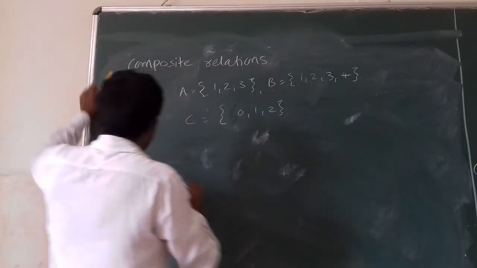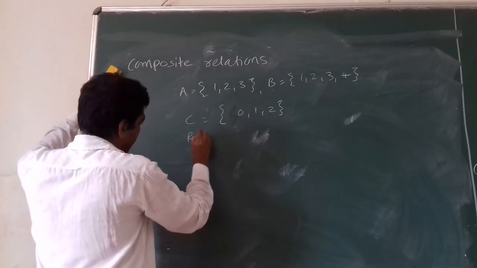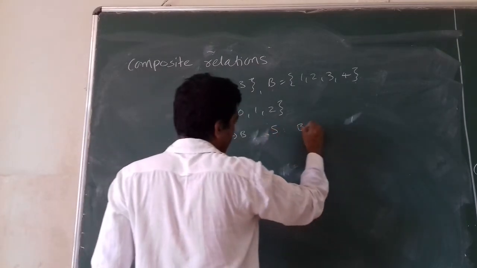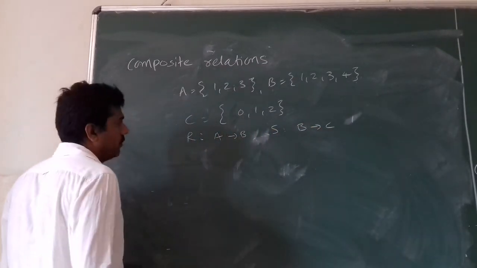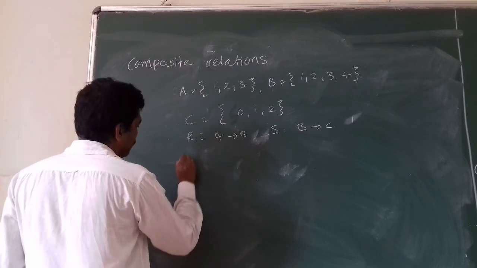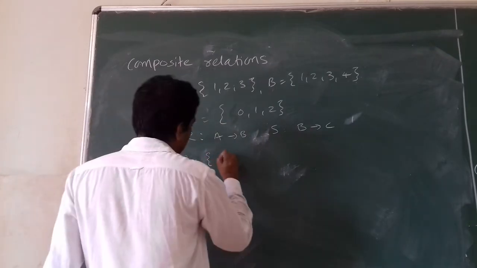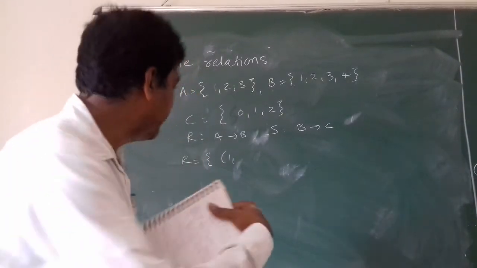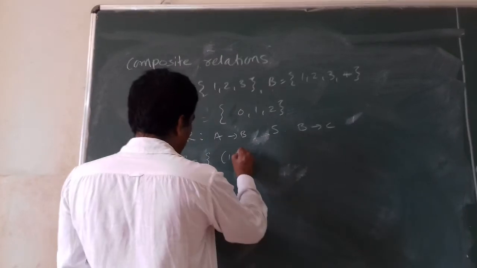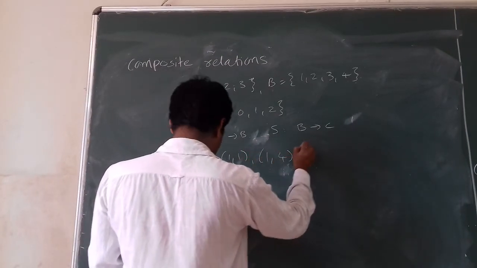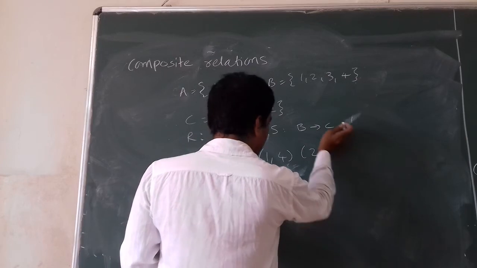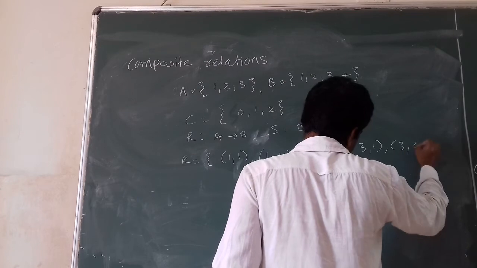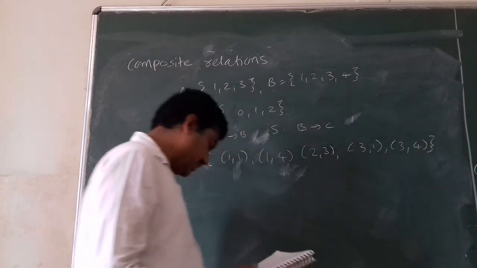R is the relation from A to B, and S is the relation from B to C. Let's say R is given as (1,1), (1,4), (2,3), (3,1) and (3,4). These are the elements given in relation R.